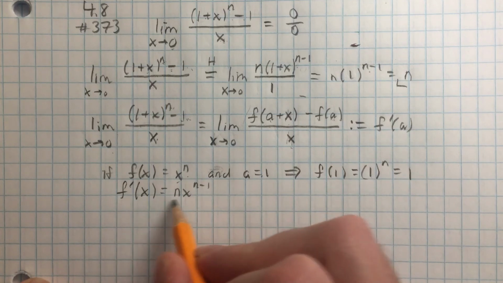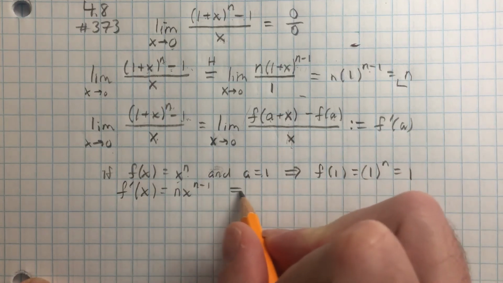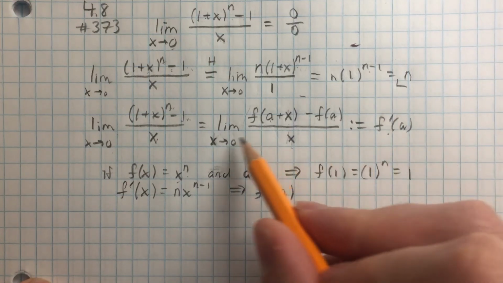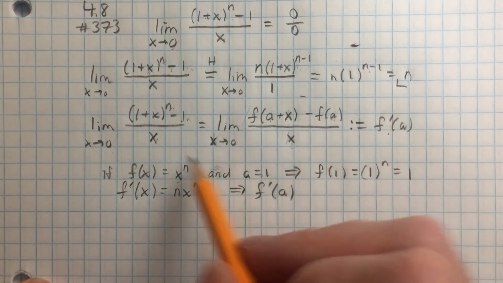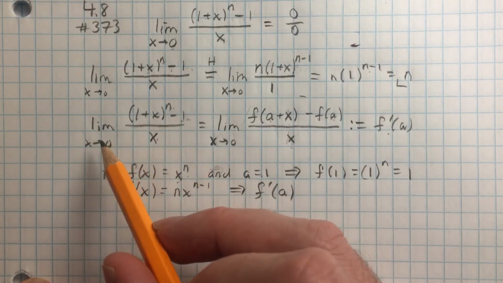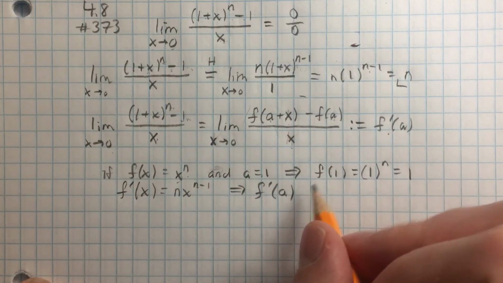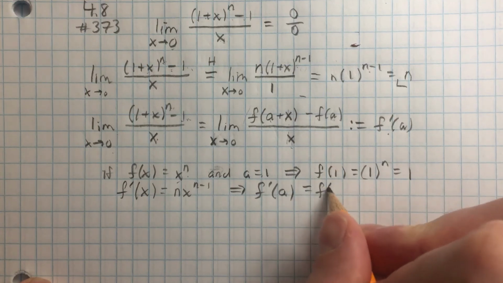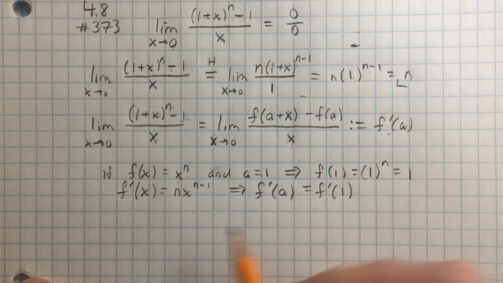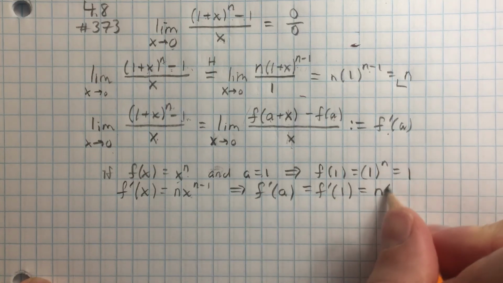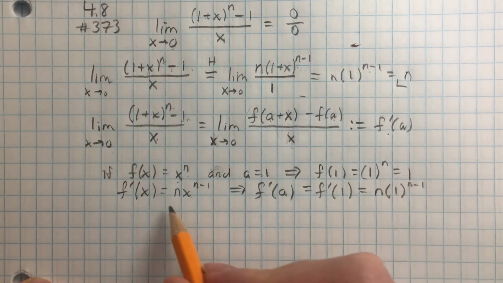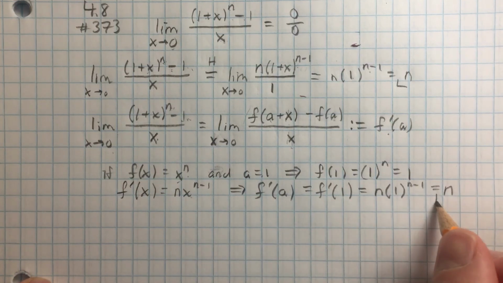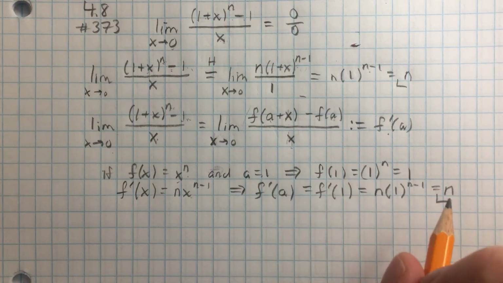So we have f prime is n x to the n minus 1, and therefore f prime at a, which is the same as this derivative by definition, which is the same as this limit by comparison. So f prime of a is the same as f prime of 1, but f prime of 1 is n times 1 to the n minus 1, because we said f prime was n x to the n minus 1. And so therefore we get n like above. There'd be two basic ways to take care of this limit.